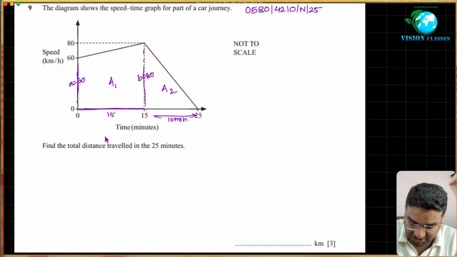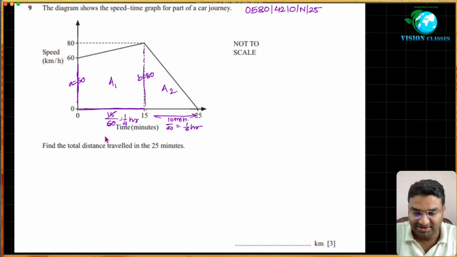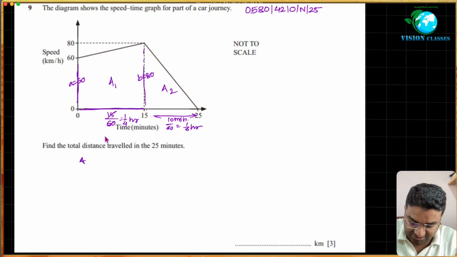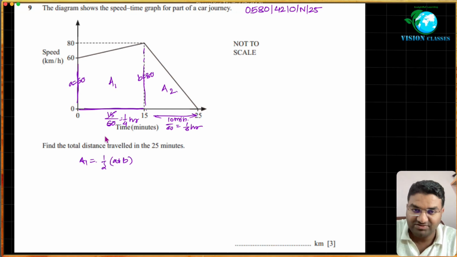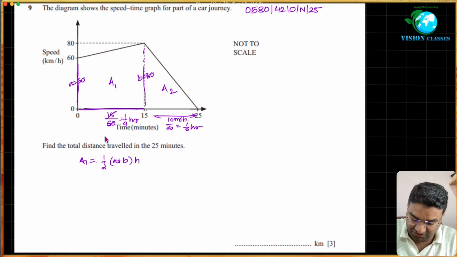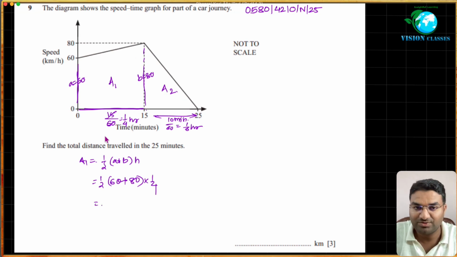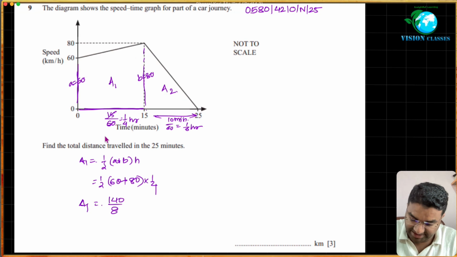We can convert into hours by dividing by 60, so 15 minutes is 1/4 hour, and 10 minutes is 1/6 hour. Let's calculate A1 first, which is 1/2 (a plus b) times h, the distance between a and b. So 1/2 times (60 plus 80) times h, where h is 1/4. 60 plus 80 is 140, divided by 8 is A1.